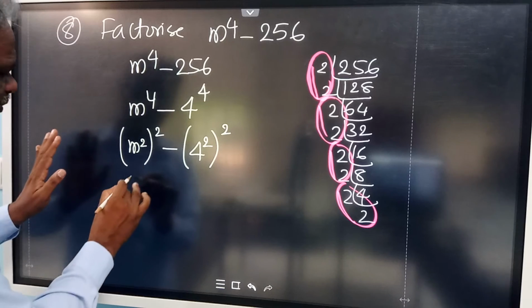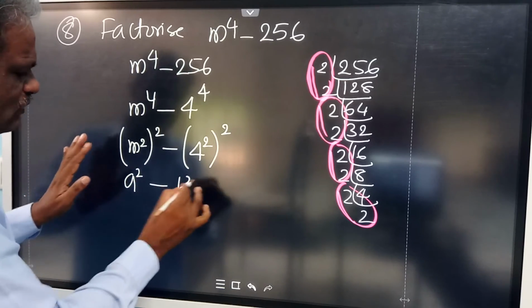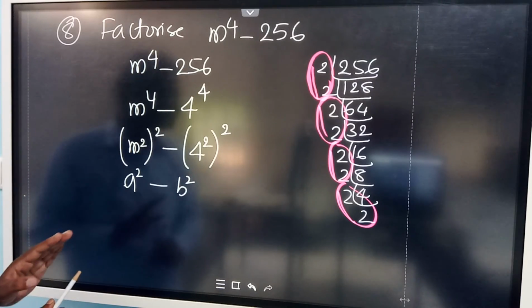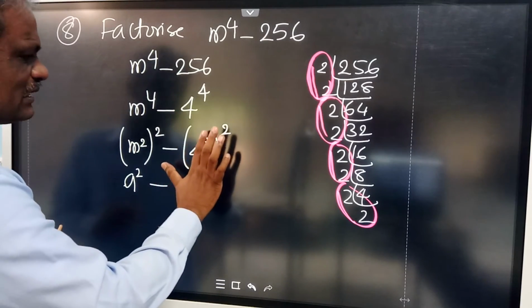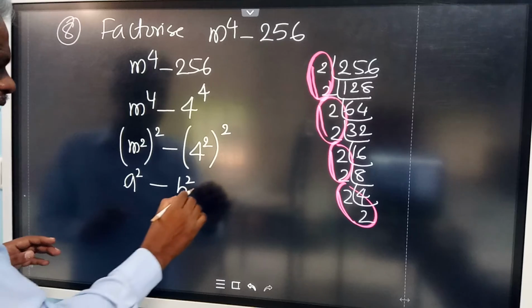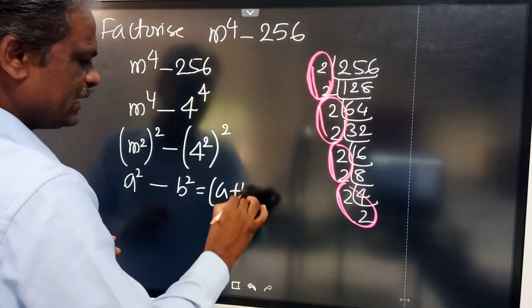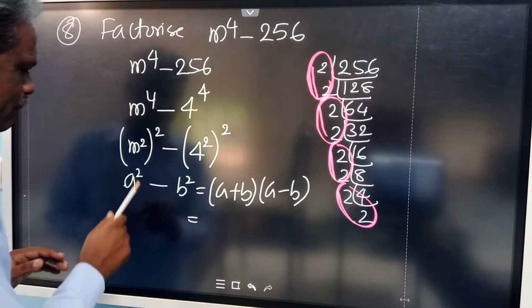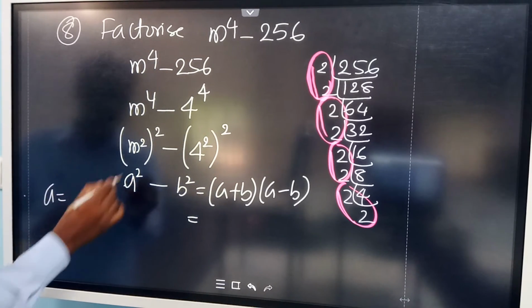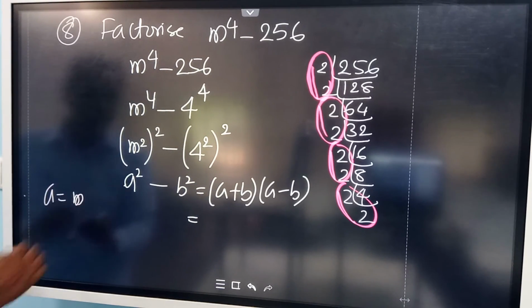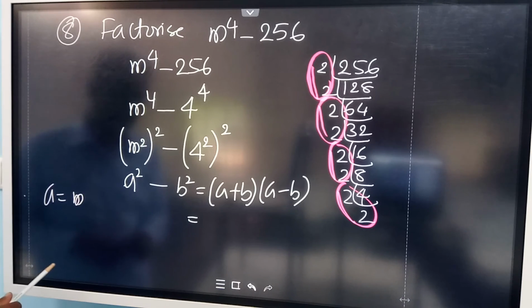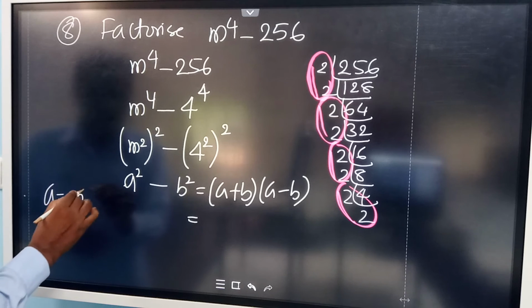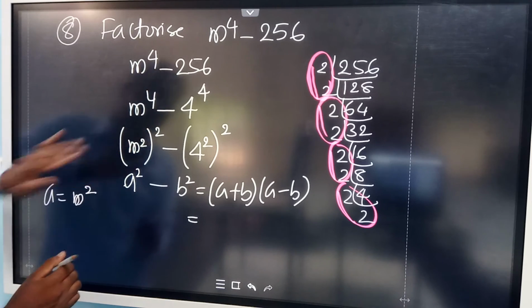Now look at this. It is in the form of a square minus b square. This is a square, this is b square. For a square minus b square, we have a plus b into a minus b. So now compare this one. What is the value of a? m square.